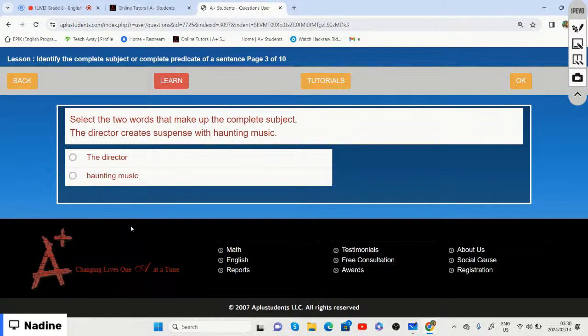So the director creates suspense with haunting music. We need to select the two words that make up a complete subject. Is it the director, which tells us who or what is doing something, or haunting music?